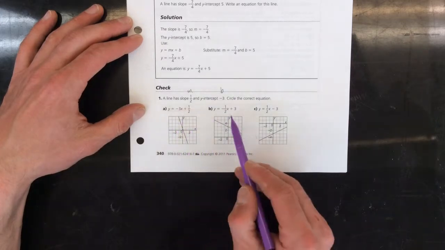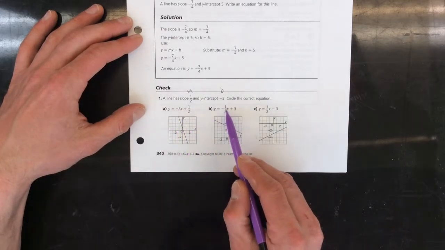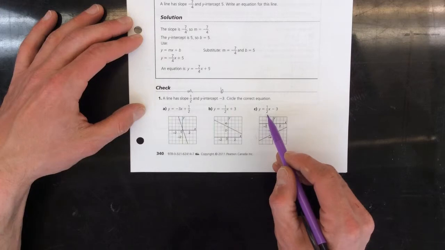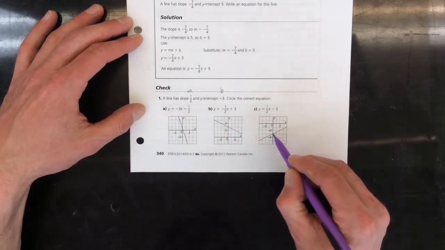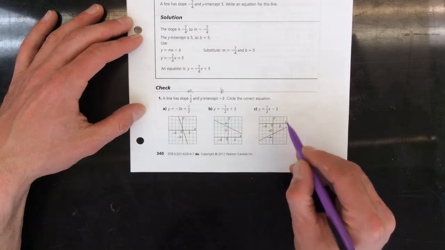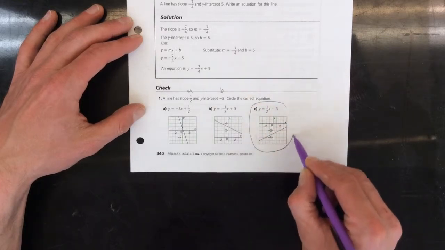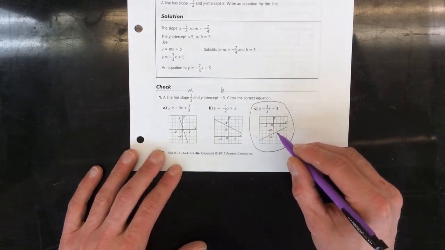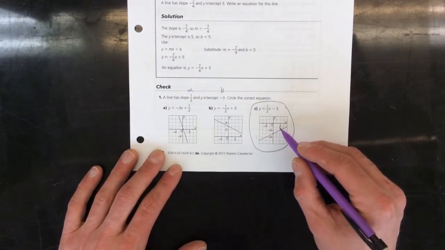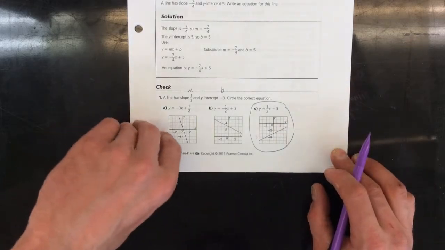No, wrong m. Wrong m again because it's a -1/2, and this one has the correct m and the correct b. Here, y-intercept is -3, goes up 1 over 2. This is the correct equation because this line has a slope of 1/2 and -3 as its y-intercept.